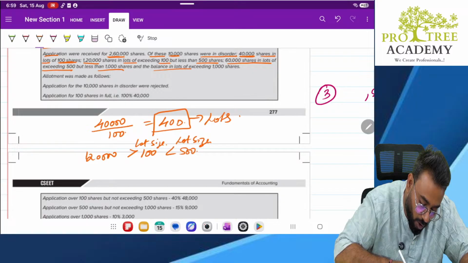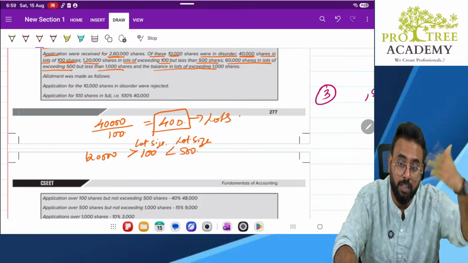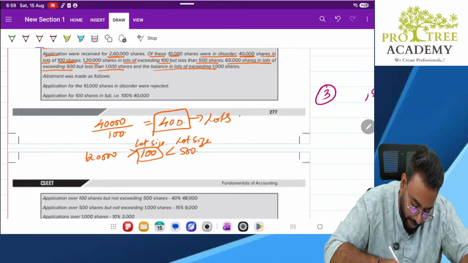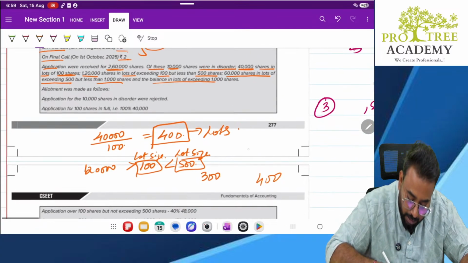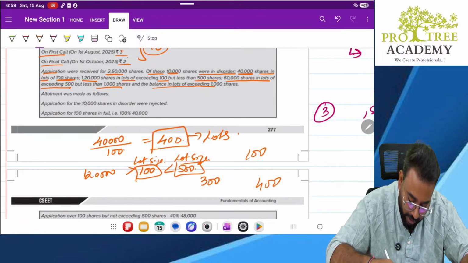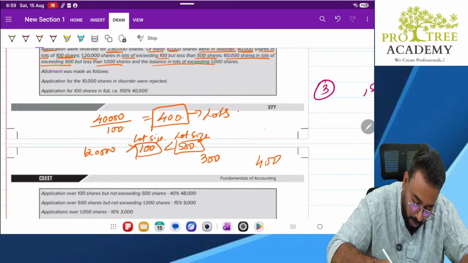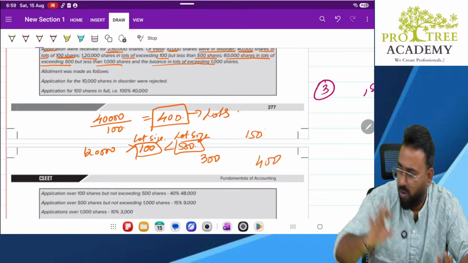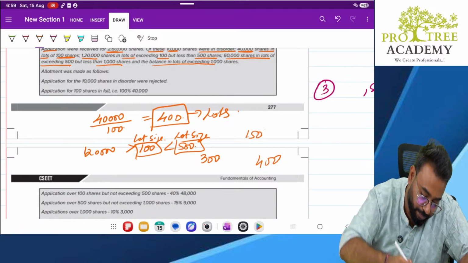And the balance in lots exceeding 1,000. See here, exceeding 100 and below 500 means some person has applied 300, some person might have applied 400. Not 100, that will not come because it is exceeding 100, so it will be 150 shares in a lot, for example. This can happen. Don't worry, all these things are just for you to understand how it is applied.